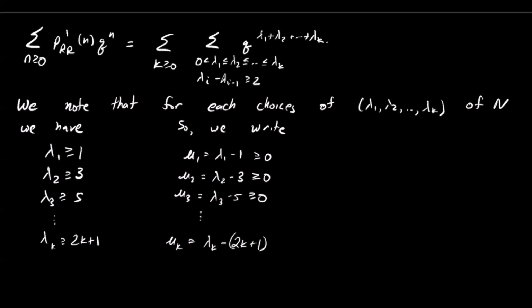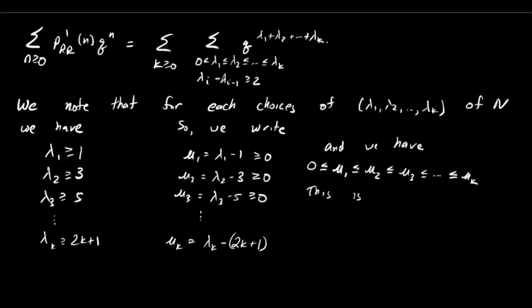Well, given the relationship between the lambdas, this imposes a relationship on the mu's. So we have that mu1, well, it's bigger than or equal to 0, but it's less than or equal to mu2, which is less than or equal to mu3, which is less than or equal to dot, dot, dot, mu k. Right, and what is this a partition of? This is a partition of n, but I've subtracted 1, 3, 5, all the way up to 2k minus 1.